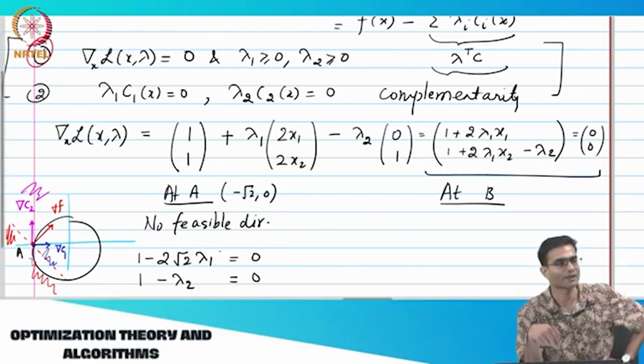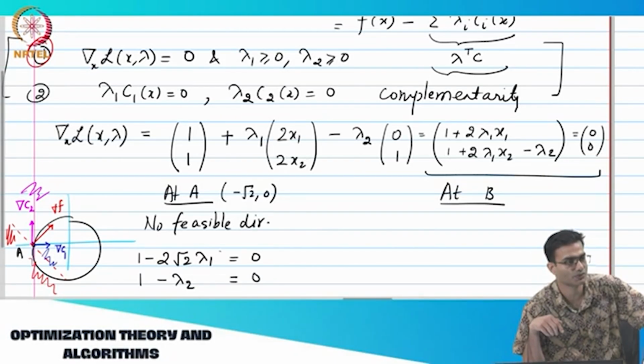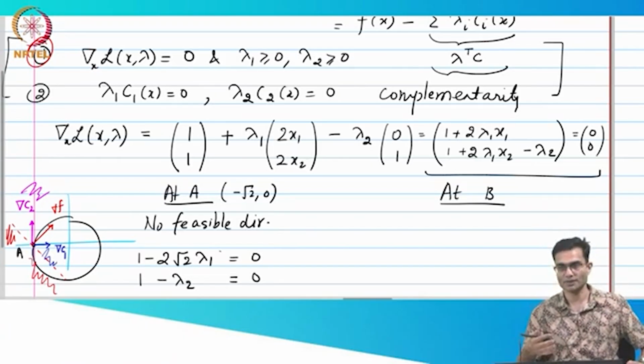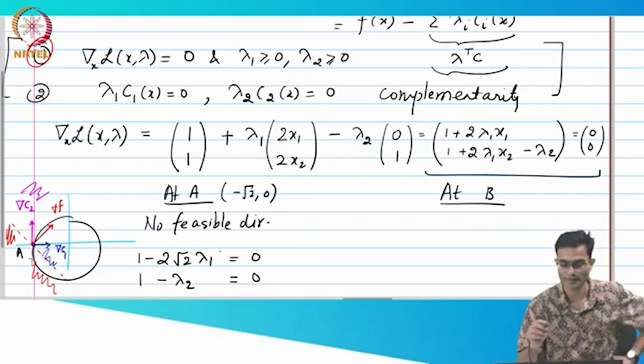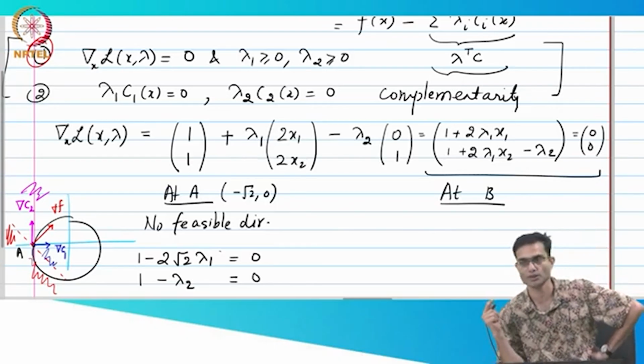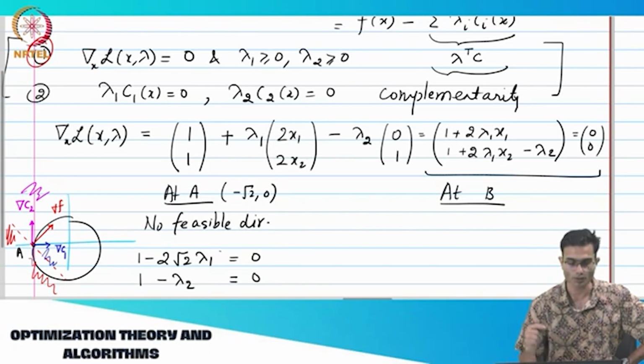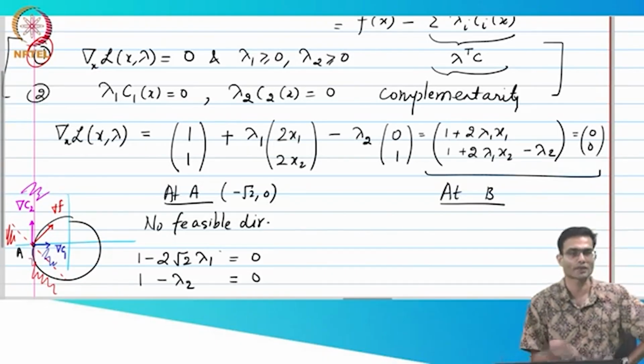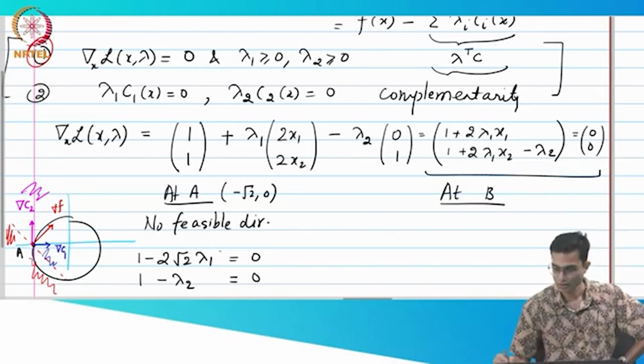Obviously, the way I derived it was by setting grad L equal to 0. That's how I got these values of lambda 1 and lambda 2 in the first place. So I've satisfied that. Lambda 1 greater than or equal to 0, yes. Lambda 2 greater than or equal to 0, yes. What about the complementarity conditions? It's an active constraint, so C1, C2 are anyway 0, so I don't care, this is automatically satisfied.